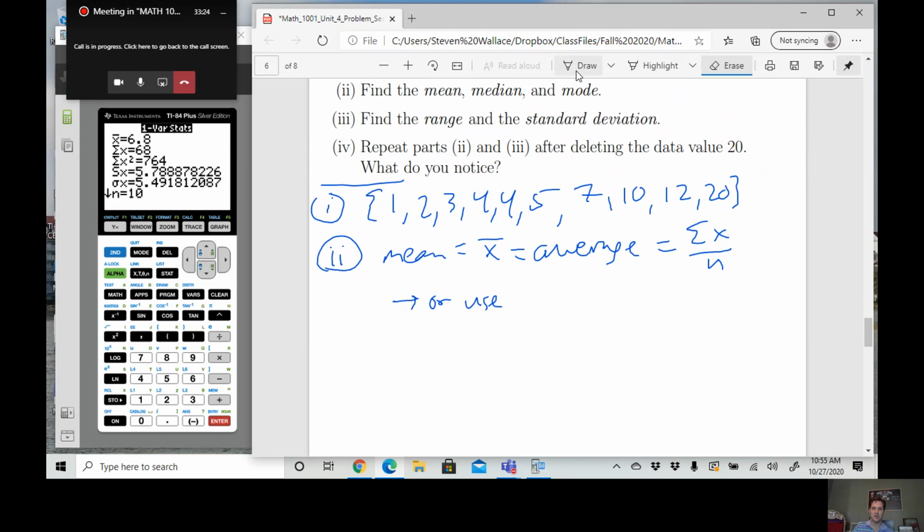By clicking the Stat button, go into the Edit menu, and you enter the data into list 1.